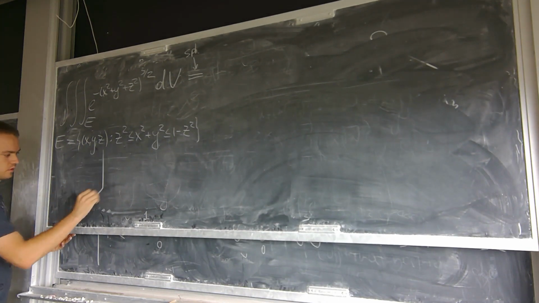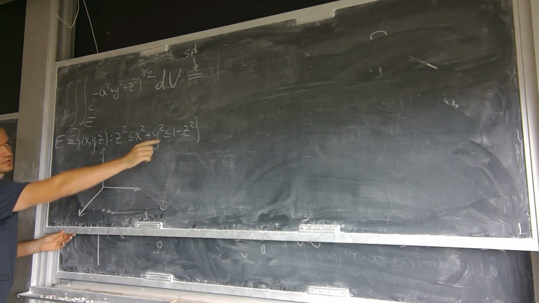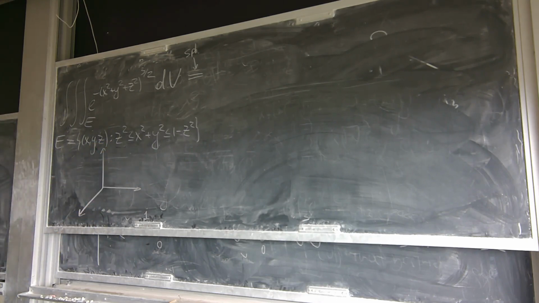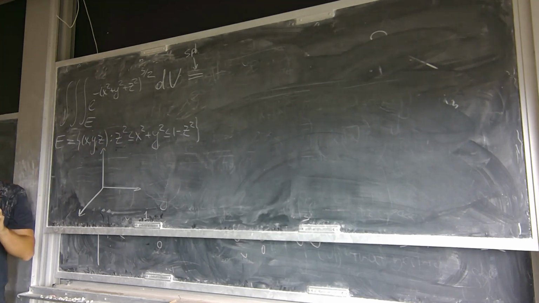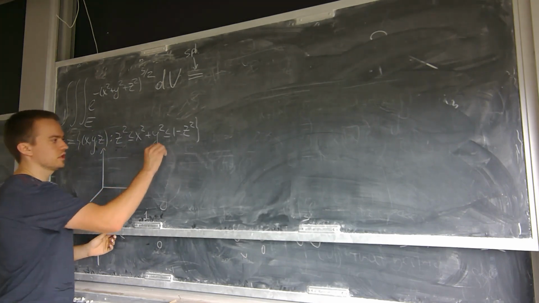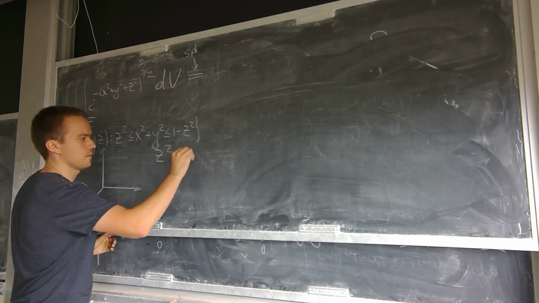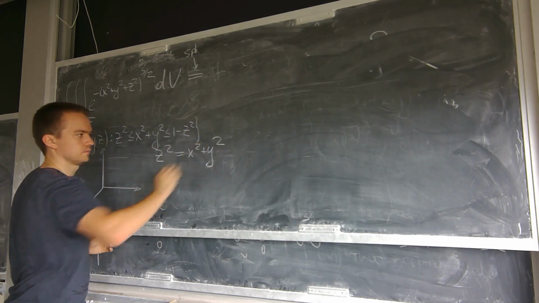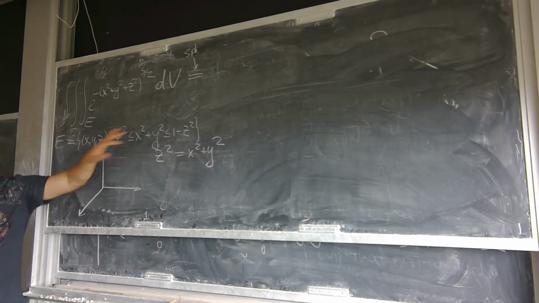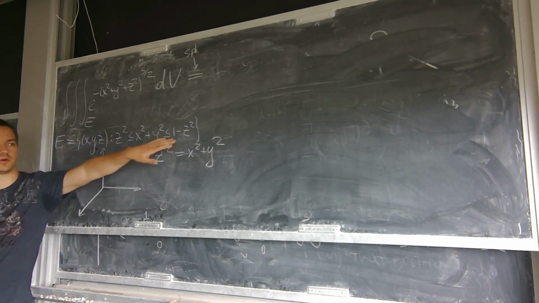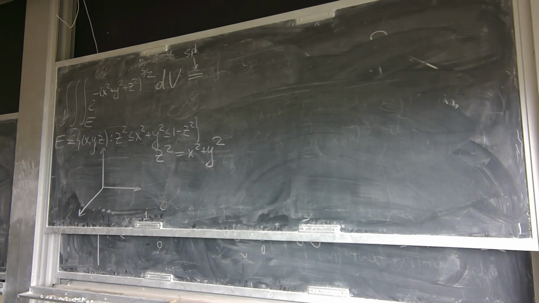How can we guess what surfaces we have? What do we need to do with these inequalities? I have two inequalities. I take my first function and second function and set them equal to each other. So what will I get? I will get z squared equals x squared plus y squared. For the second one and third one, x squared plus y squared, yes.